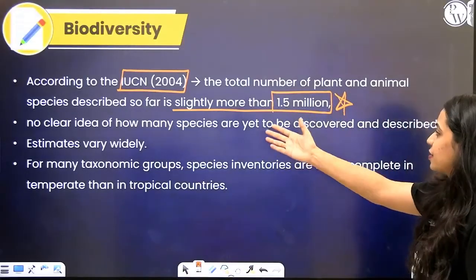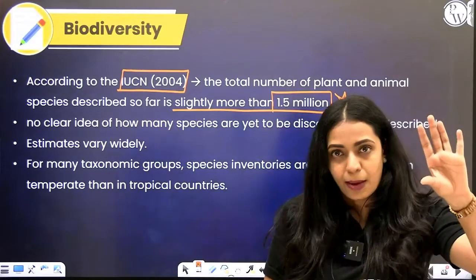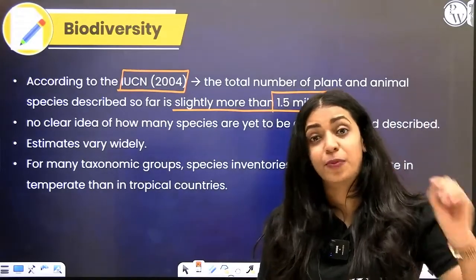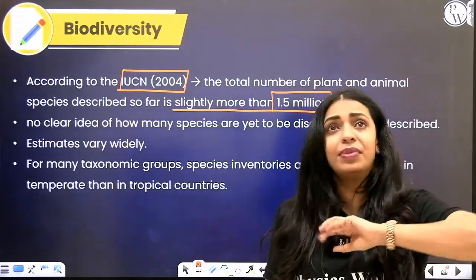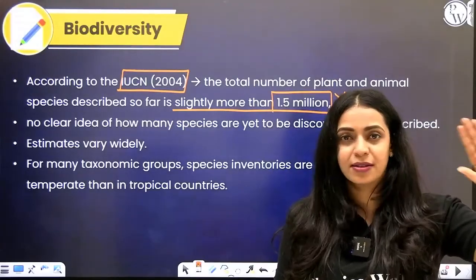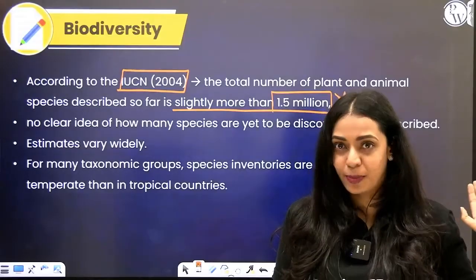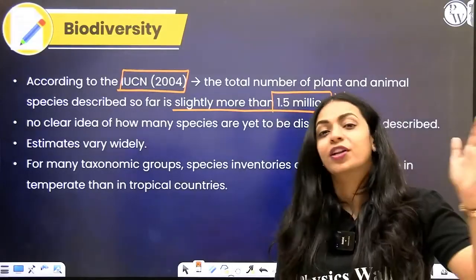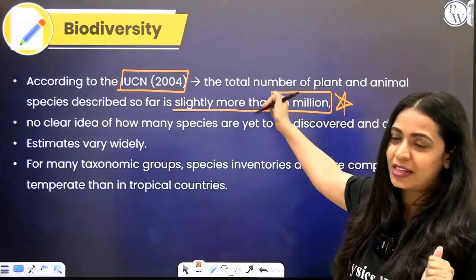So, it is described slightly more than 1.5 million. This number is only of the species that have been described so far. There are probably millions of species that are present away from us, not yet noticed by us, waiting to be discovered. So you don't yet know about their number. Of what has been described so far, this is the number we've arrived at, right?